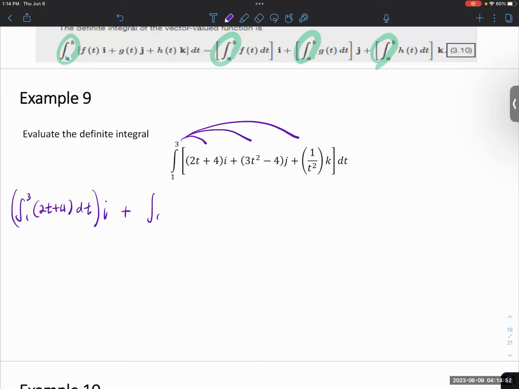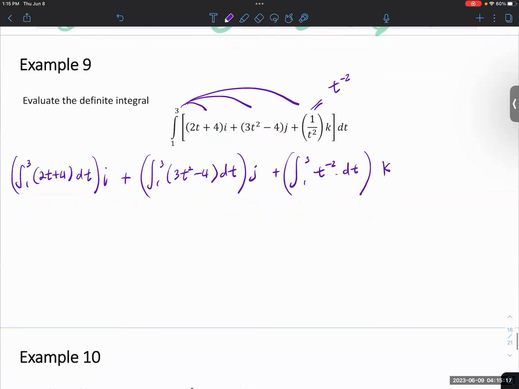Second, the integral from 1 to 3 of 3t squared minus 4 with respect to t, this is j. And then the integral from 1 to 3 of 1 over t squared, which is the same as t to the negative 2 dt, and this is k. Are you following? That's it. Nothing is special. Let's take the integral.